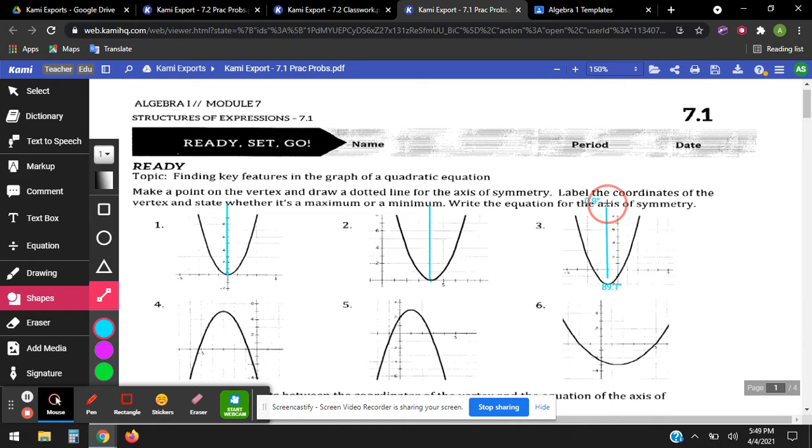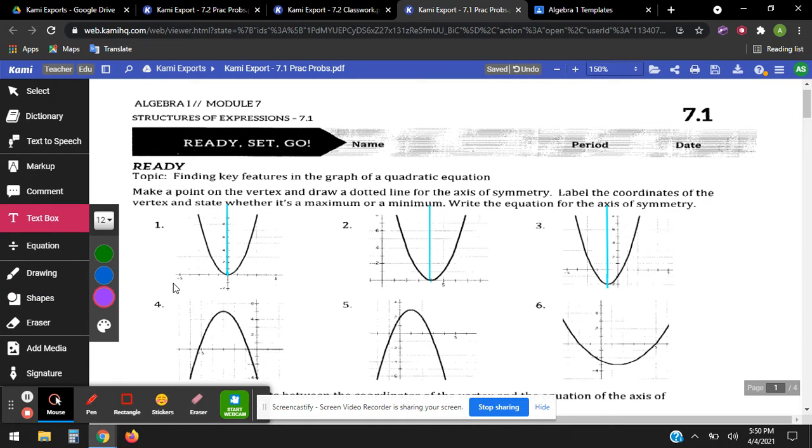It's really hard to get straight. I might just have to do what I've got to do. Okay. And then we didn't quite get all the way to the bottom on this one, so I'll try to stretch it a little bit. There. Okay. So now I can label the coordinates of the vertex.